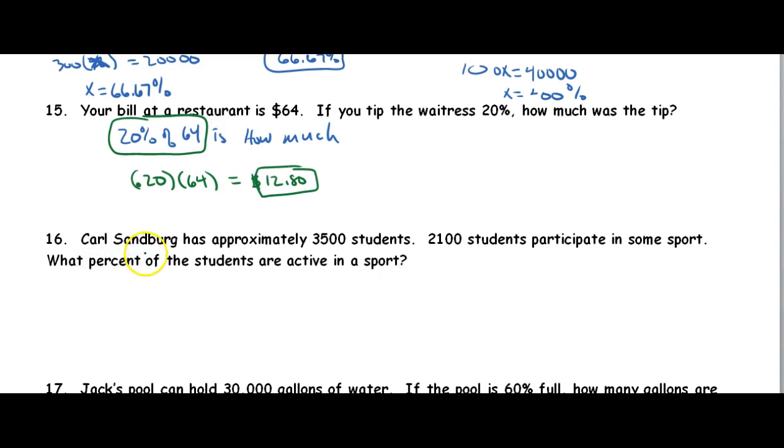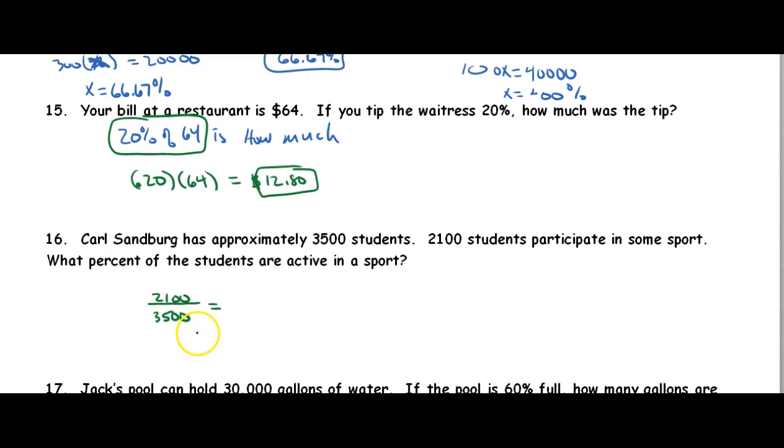So, 16. Carl Sandburg has approximately 3,500 students. 2,100 students participate in some sport. What percent of the students are active in a sport? Well, think about it here. It's almost like, again, a test or a quiz score. How many total students are there? 3,500. And out of the 3,500, how many participate? 2,100.